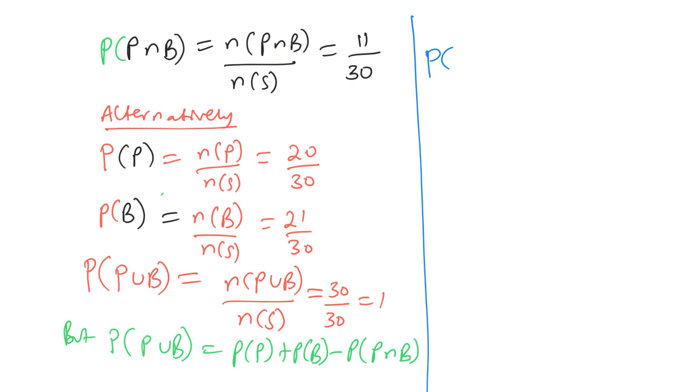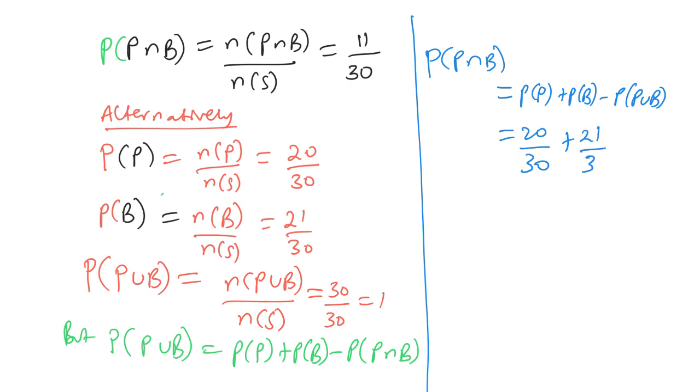So the probability of physics intersection biology will be equal to probability of P plus probability of B minus probability of P union B. So this is 20 out of 30 plus 21 out of 30 minus 30 out of 30, you end up with 11 out of 30, which is the same thing like what we have done before.